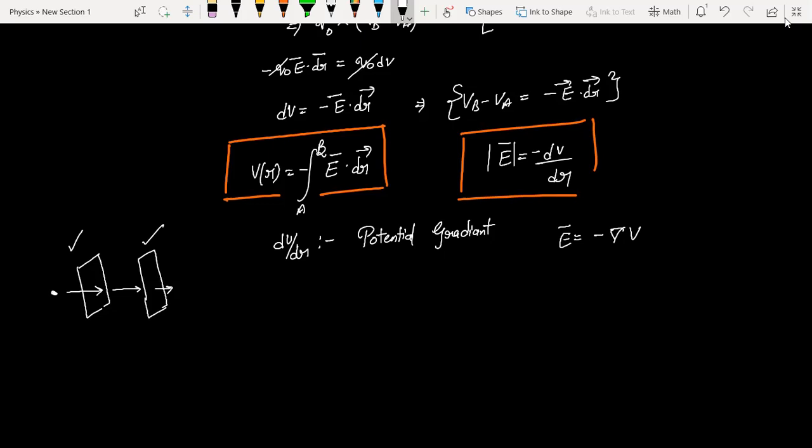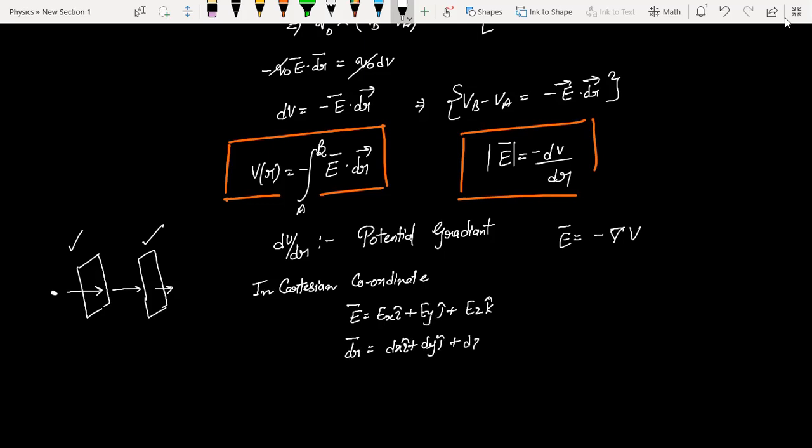We can represent this relation in a better form in Cartesian coordinates. Suppose we choose a Cartesian coordinate system. We can represent our electric field as Ex i cap plus Ey j cap plus Ez k cap, and our displacement vector dr as dx i cap plus dy j cap plus dz k cap.